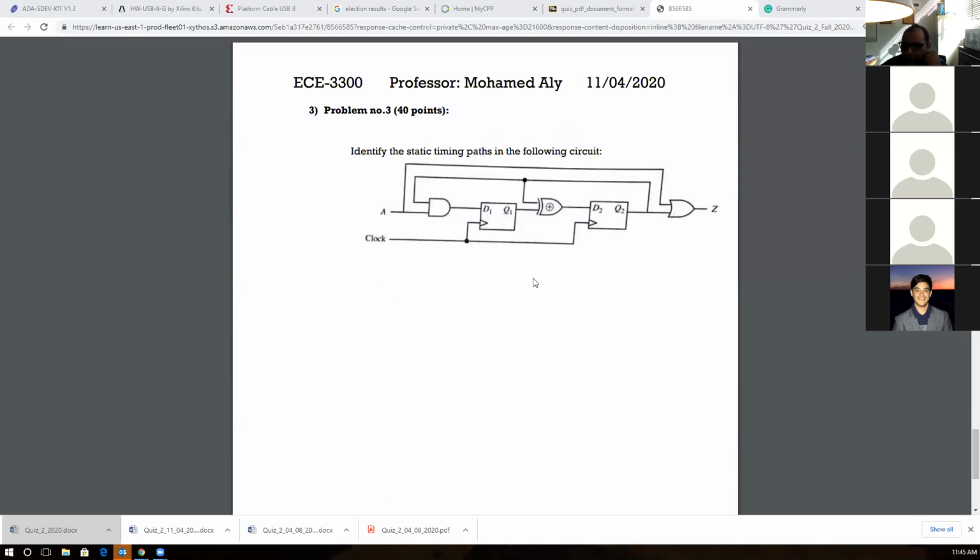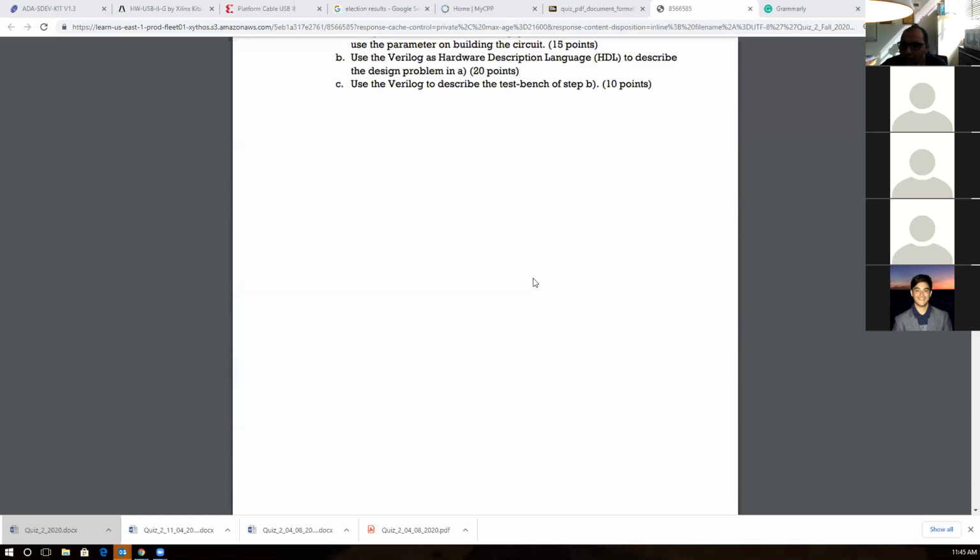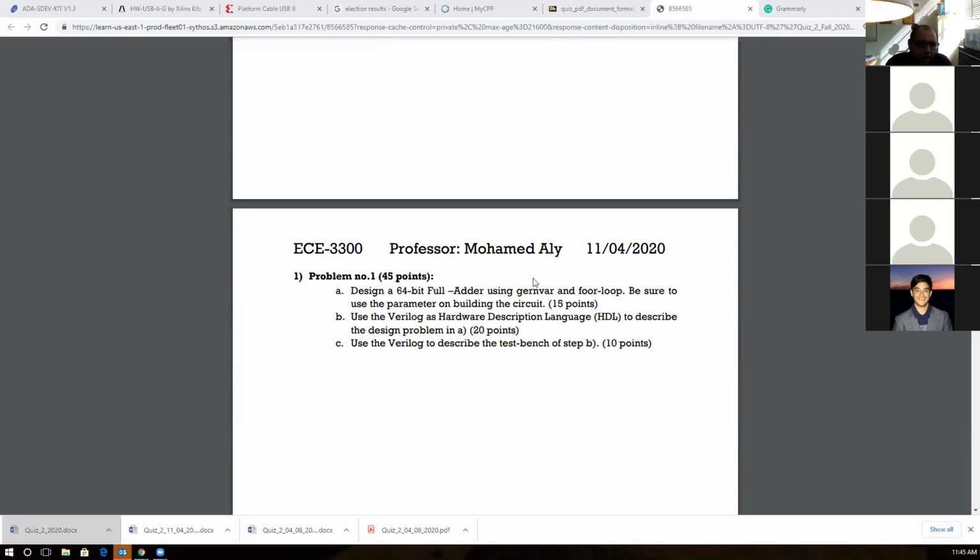Since you were not here, for question number 3, there is no need for any gate response timing because I'm just asking for the paths. And the first question, I'm asking you to design. That's a 2300 practice, with syntax. So you design, and after you design, you use genvar and for loop, which are two concepts we already learned in Verilog, to describe this in a module.